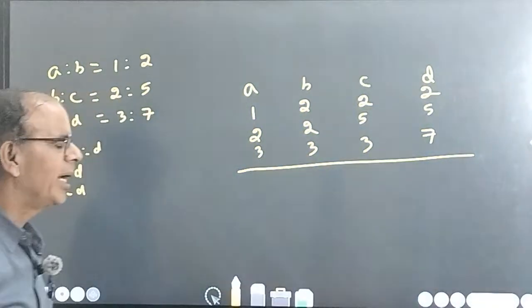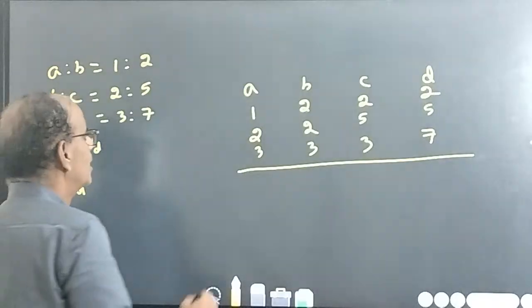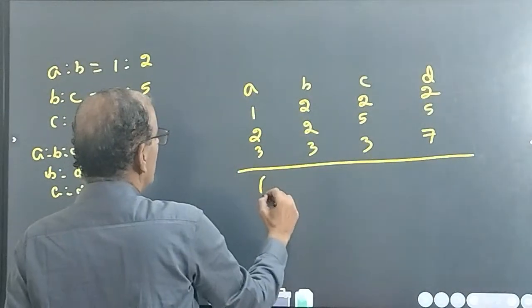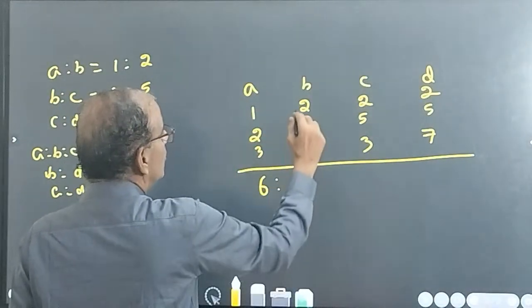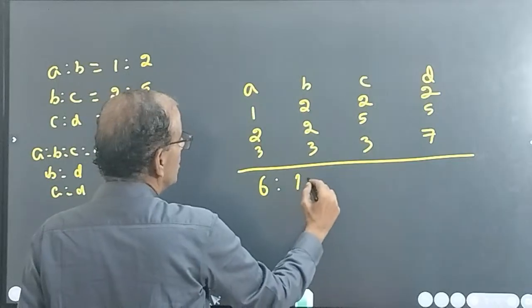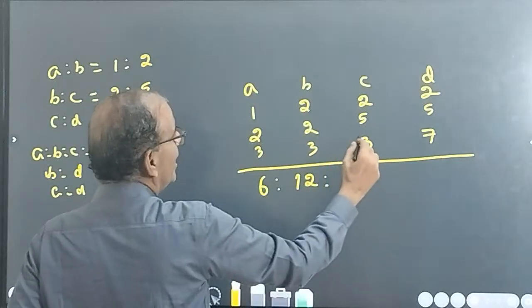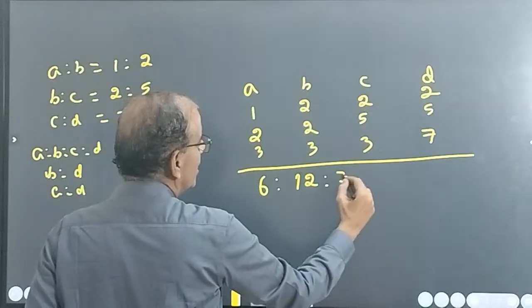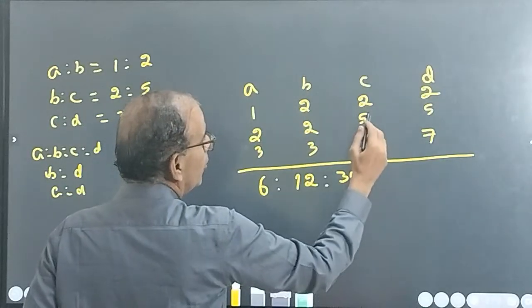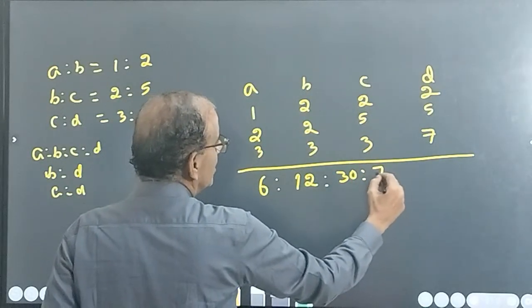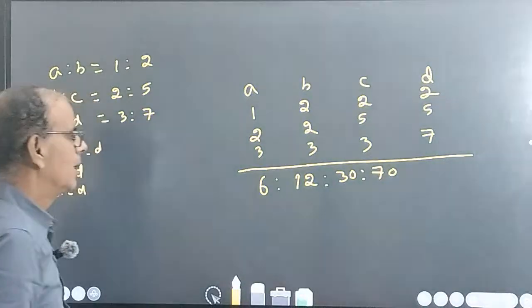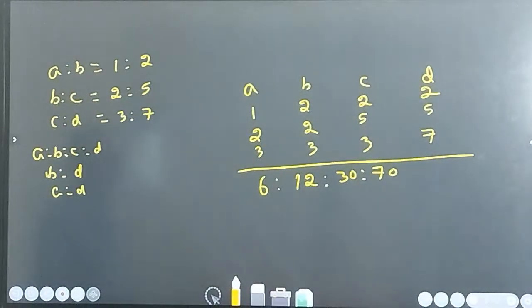Everything is straight multiplication. 1 into 2 into 3, how much? 6. 2 into 2 into 4, how much? 12. 5 into 3, 15. 30. 2 into 5, 10 into 7, how much? 70. All are even numbers.